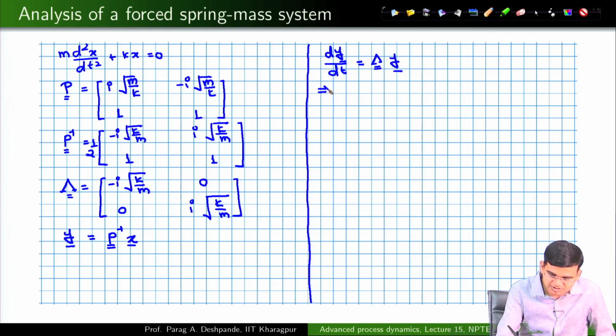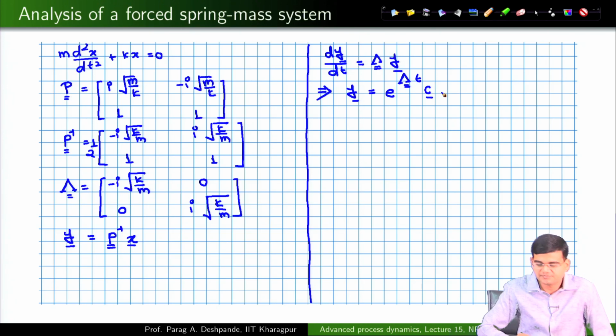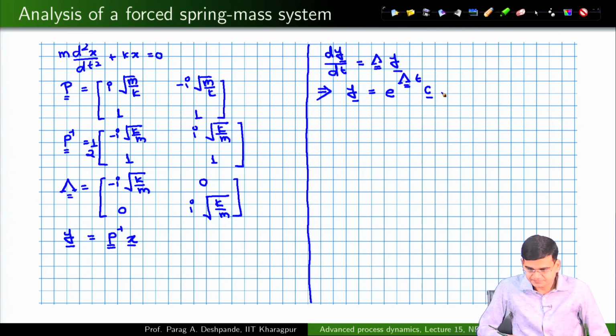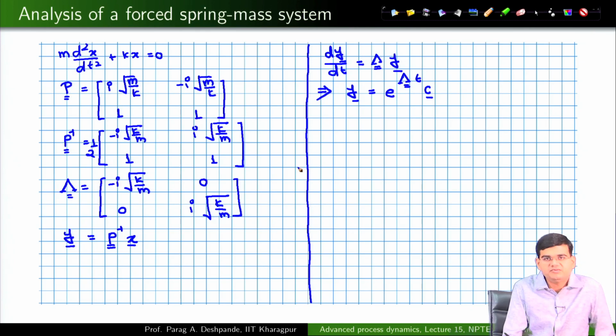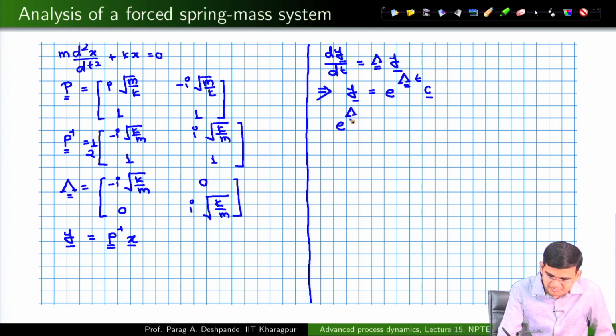We wrote the solution as y under bar is equal to e to the power lambda t times c under bar, where c under bar is a constant vector. So, following the method which we developed in the previous lectures, we can write e to the power lambda t as what?